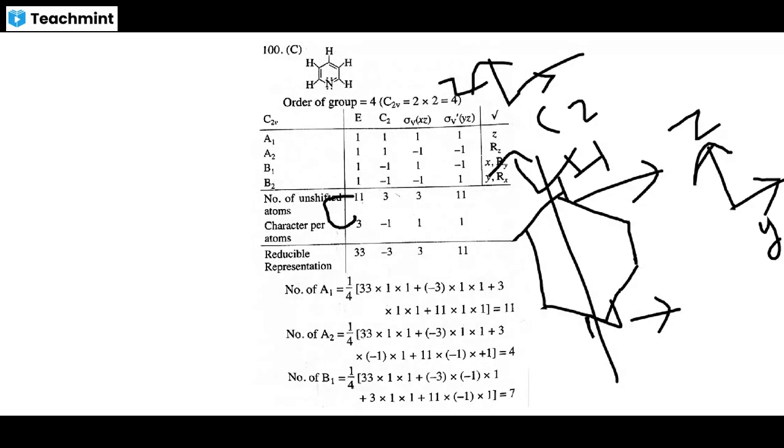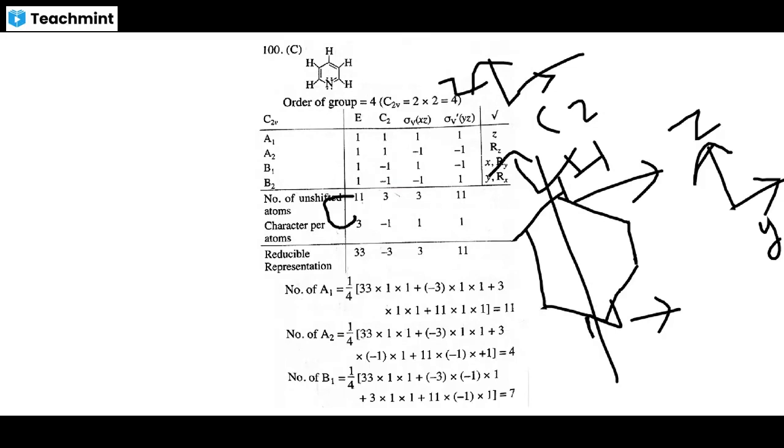So xz also cuts this C, H and N, so the unshifted atoms are 3. Yz means this is the molecular plane, yz, so the unshifted atoms are 11. The character per atom for E is 3, for C2 it is minus 1, and for all sigma it is 1. So we multiply 11 into 3, 33, and 3 into minus 1, minus 3.